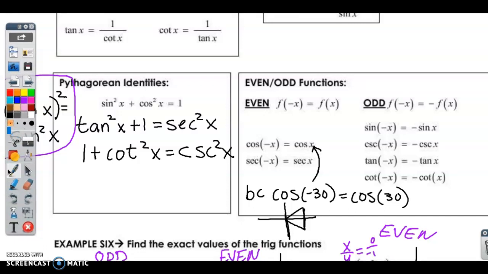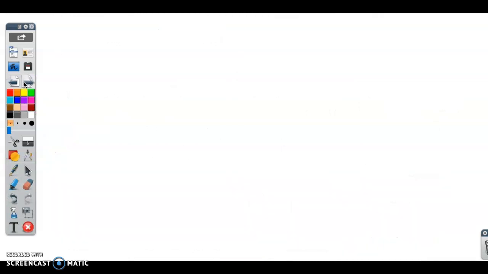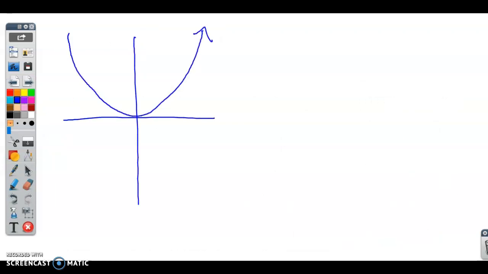And as for even and odd functions, okay, so back in algebra 2, an even function would be like a quadratic, right? So if I pick an x value like 2 and I get a y value, and I plug in the same negative value, my output is going to be the same.